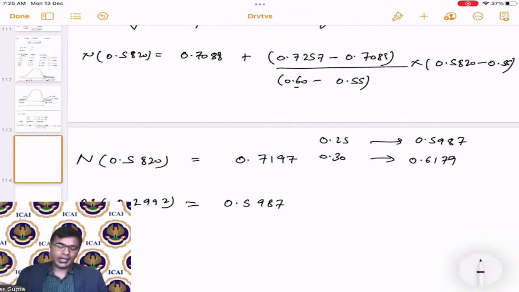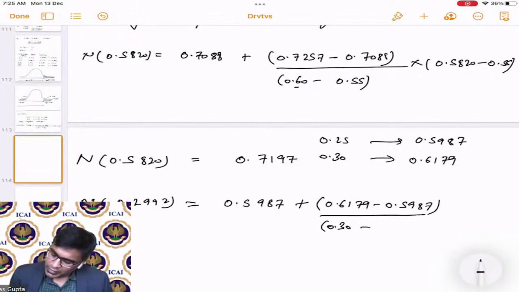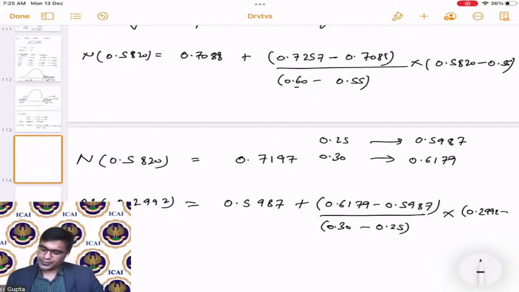Now using these two values, we will again apply the interpolation technique. So 0.6179 minus 0.5987, this is the total difference, whole divided by 0.30 minus 0.25, correct? Multiplying it with 0.2992 minus 0.25, which is the lower observation.